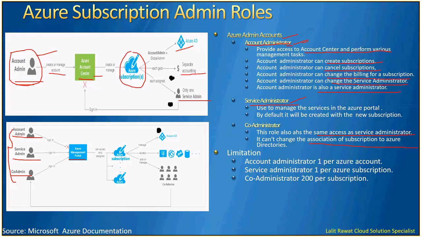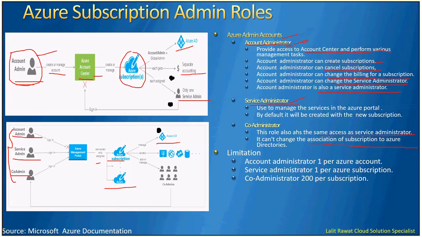But if in your subscription one account administrator signs up and you don't have many service administrators, then that one account can be your service administrator, your account administrator, or the co-administrator. If you have a single user who signs up, they will have access to this, and then you will have subscription access and Azure AD access.